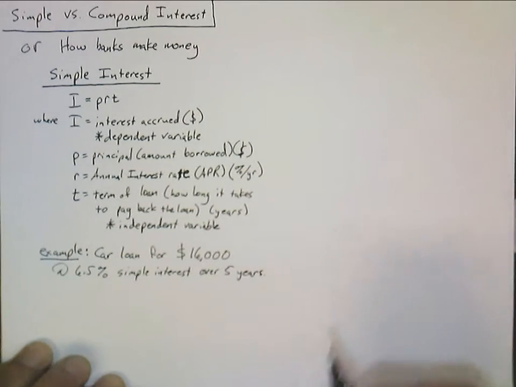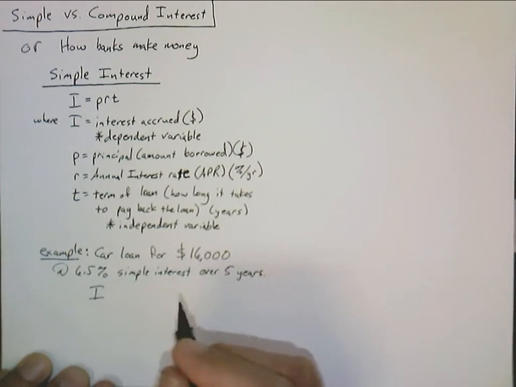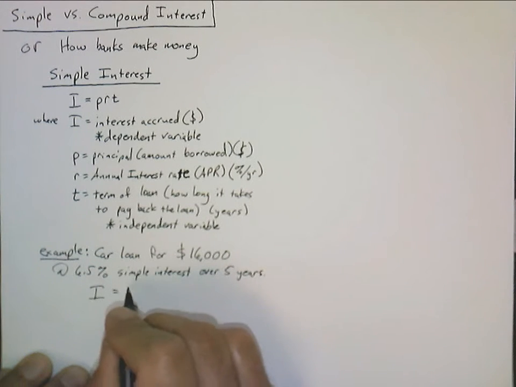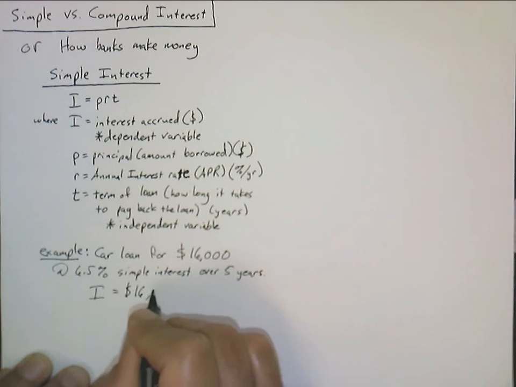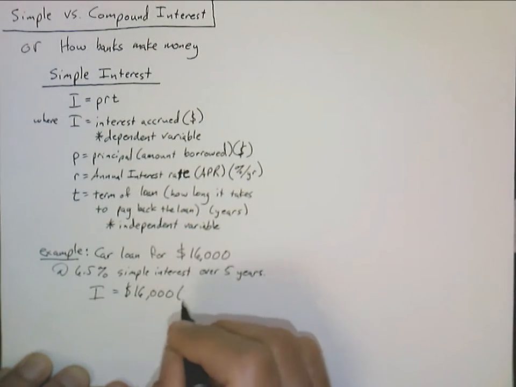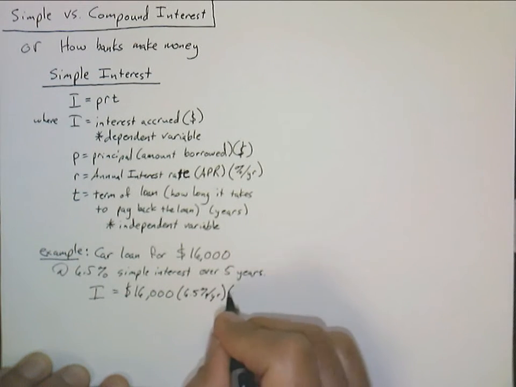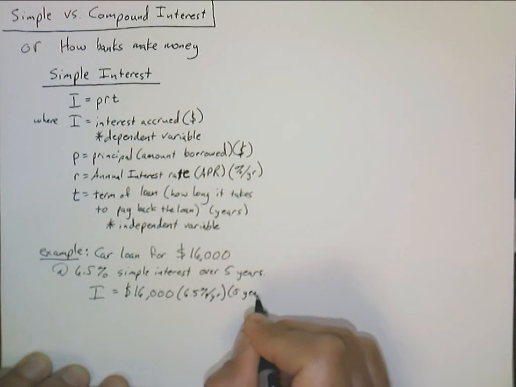And you're going to take 5 years to pay this loan back. So the interest is going to be $16,000, that's your principal, times 6.5% per year times 5 years.